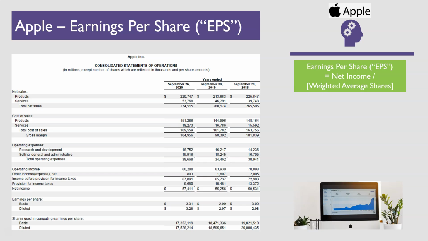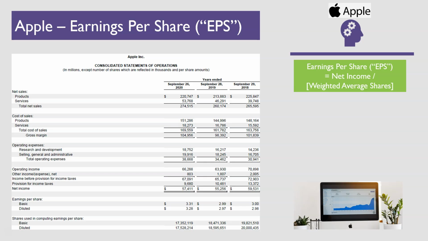Before we get into that, what is the main difference between basic and diluted earnings per share? Well, diluted earnings per share, or diluted EPS for short, calculates a company's earnings per share if all convertible securities were converted to common stock.